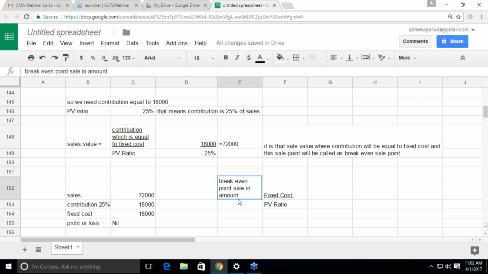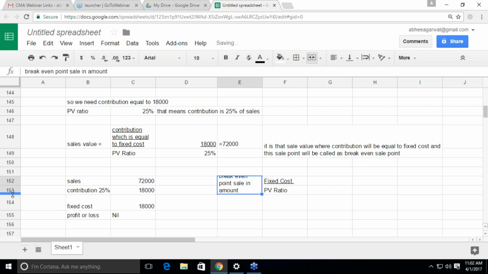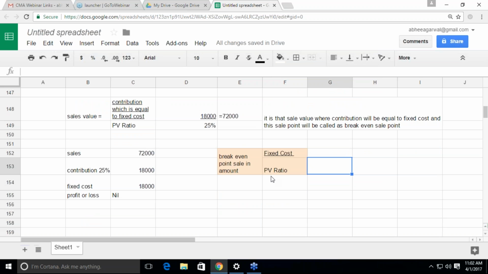We have found out a very important formula, my dear friends, and I'm not just giving you the formula, I'm deriving this formula. So that is very important. You have to understand how this formula got derived. Break-even point sale in amount is fixed cost upon PV ratio.